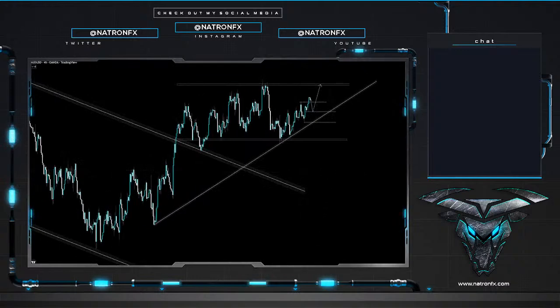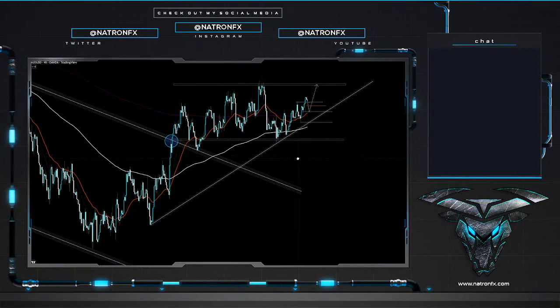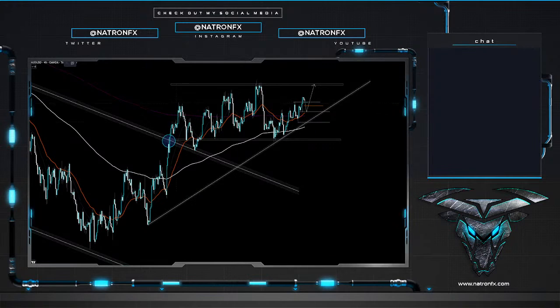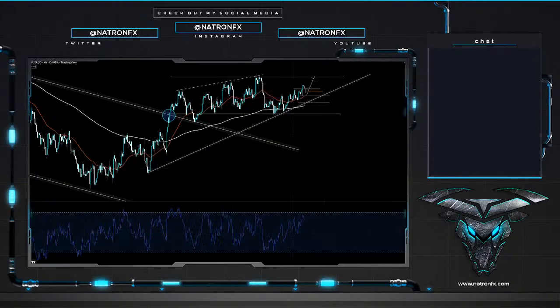If you look at this area here, it broke the trend line, retested it pretty good, and it's made higher highs so far. But again here, if you check out an RSI, that's a divergence there.